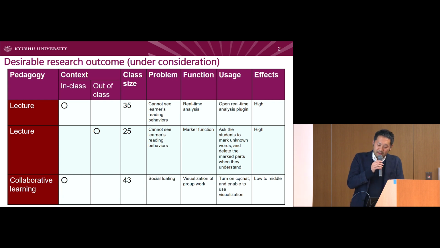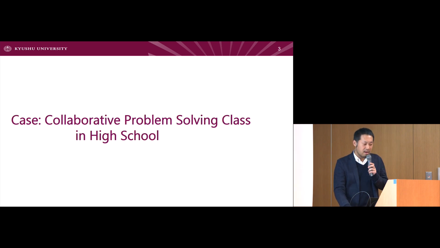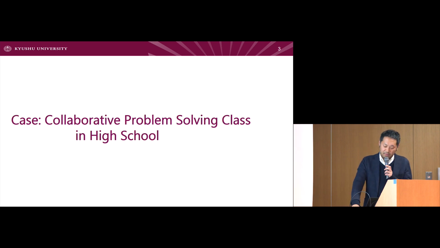This matrix seems to be useful even for novice teachers to design their instruction with the LA platform. This is one of the research goals that I am engaged in. In order to accomplish this goal, we studied practical LA research for high school in small steps. Today, I present the case of a collaborative learning science class.